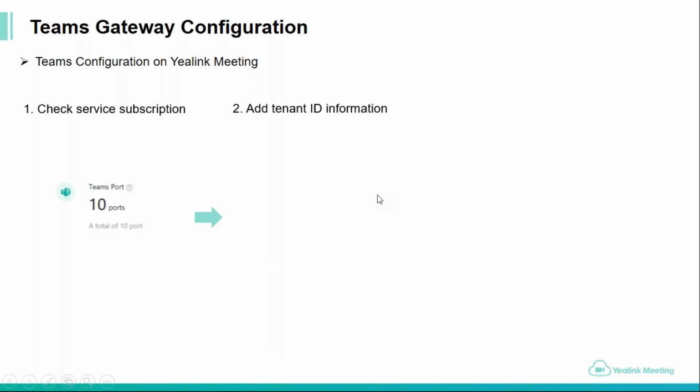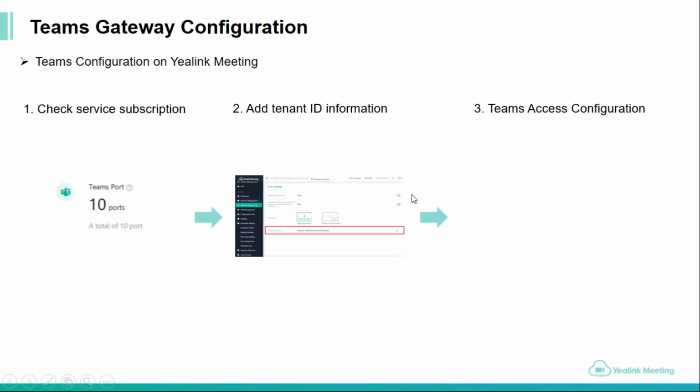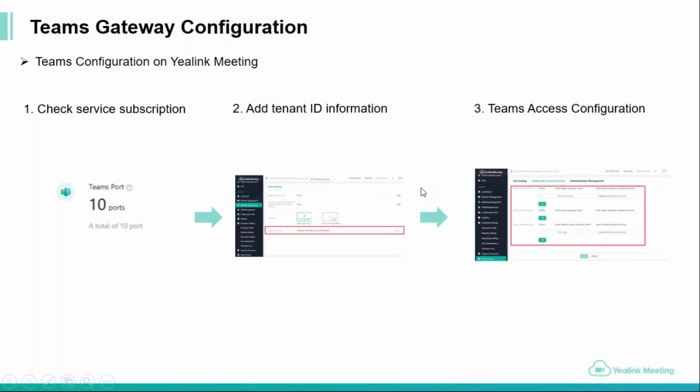Next is the configuration on our Yealink Meeting. First, check the service subscription, whether you have the Teams Host service, and then find your channel ID and input the channel ID on our web interface setting, and then configure the call rules and outbound conversation rules in our Teams access setting.